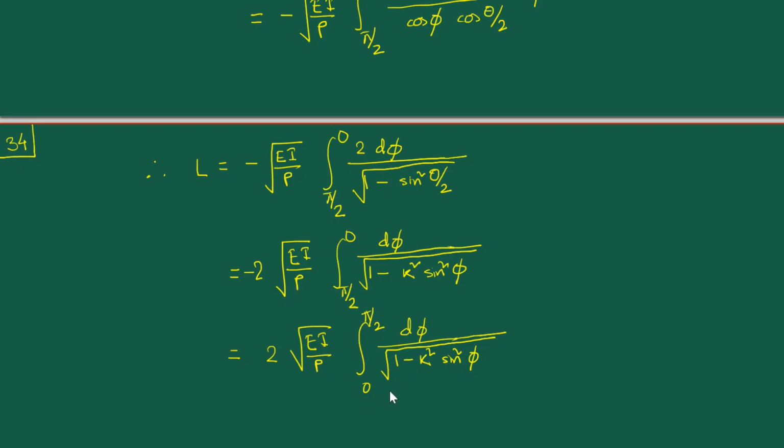In fact, these things are so very important that you'll find entire Wikipedia pages devoted to just this integration, believe it or not. So I encourage you to just do a Google search on this term. It is referred to as the complete elliptic integral of the first kind.